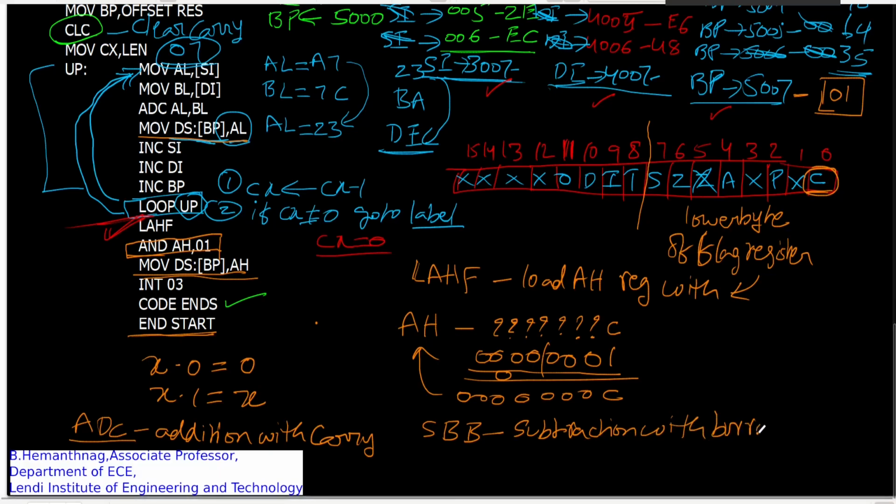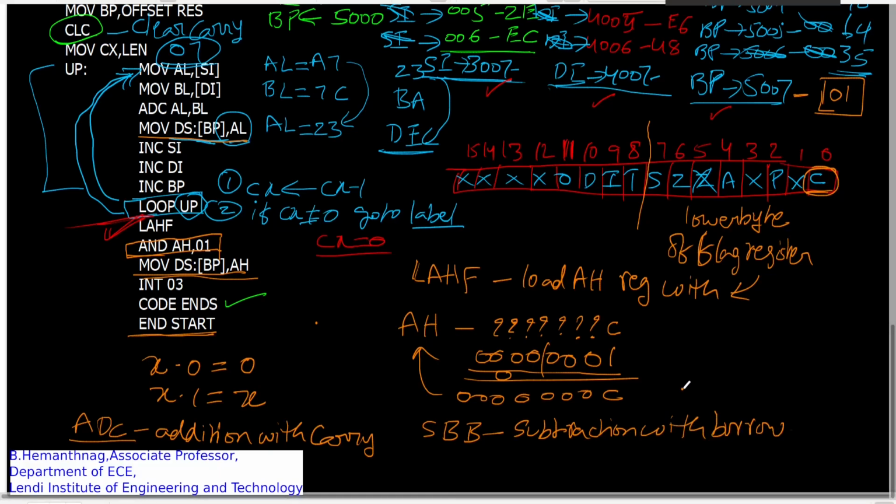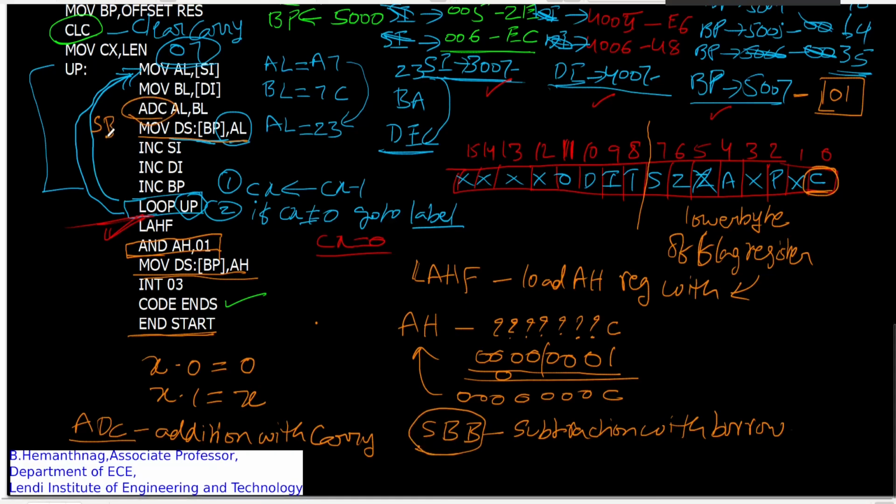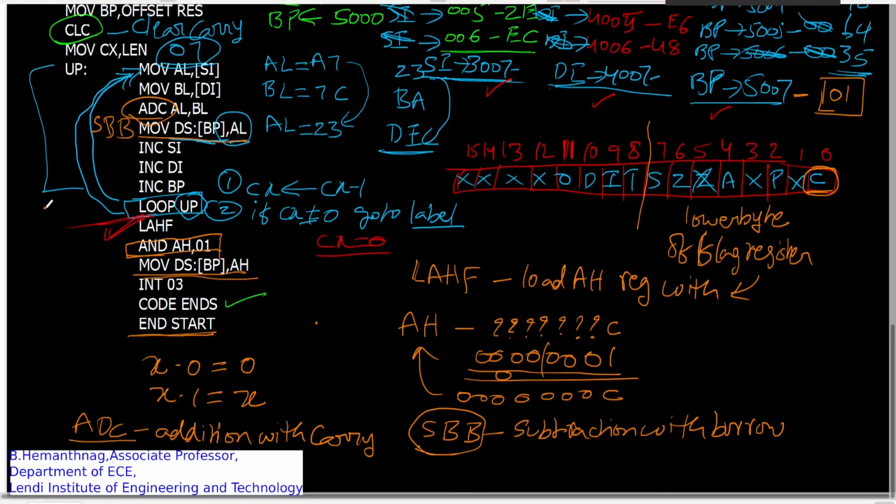As the carry propagates from lower to higher bytes, the borrow will propagate from higher bytes to lower bytes. So to make this same program work for subtraction, instead of ADC I have to use the instruction SBB. So this will change to SBB. You try your own and see how the result appears and deduce the answer on your own. Thank you.